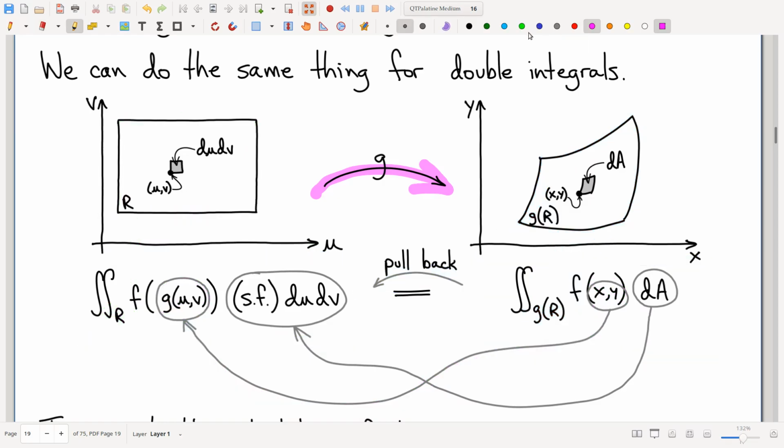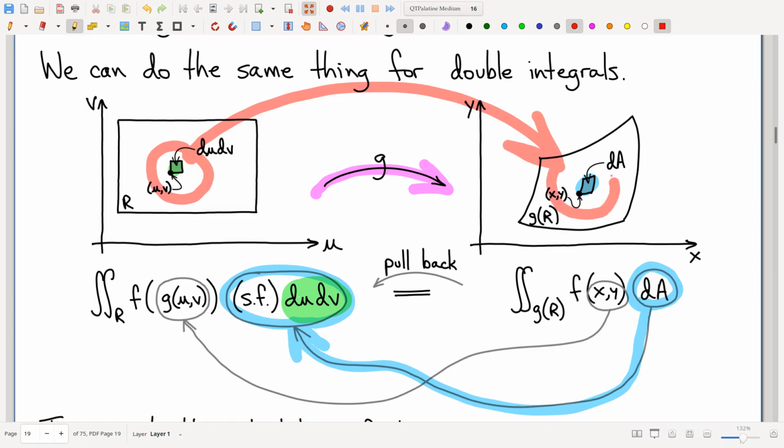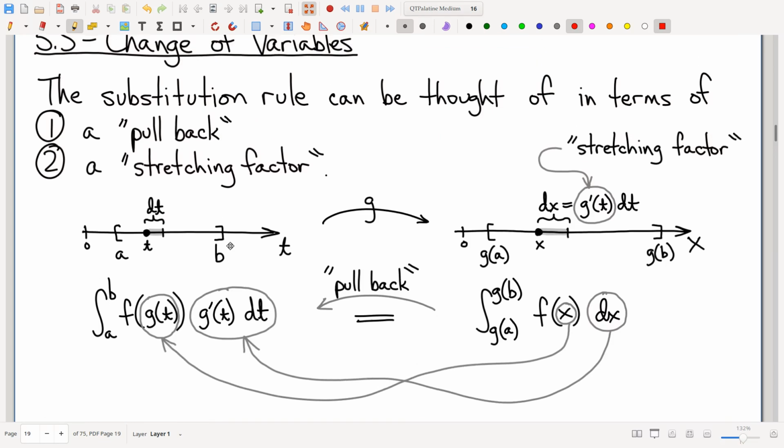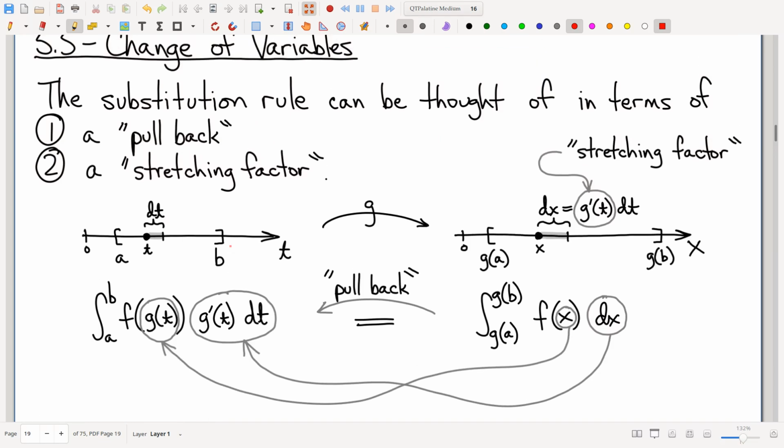We've got to be careful to recognize how big a little piece of output area is. Not necessarily the same, in fact, presumably different from the little piece of input area that created it. There is a certain amount that this area is stretched out to make its image. And you just have to remember to insert that stretching factor into your pullback integral. This is just a rip-off of what we did here with interpreting the substitution rule. Same idea, two dimensions instead of one.